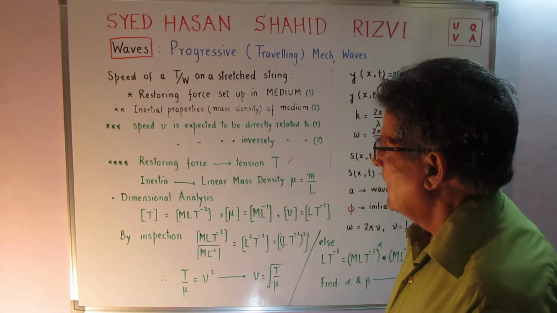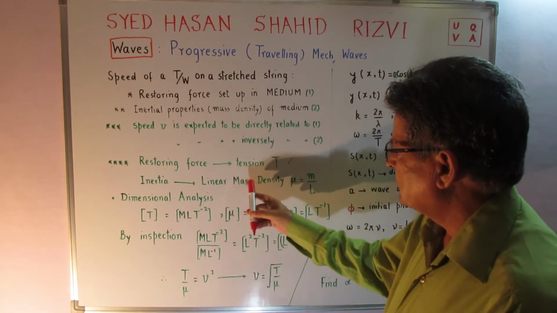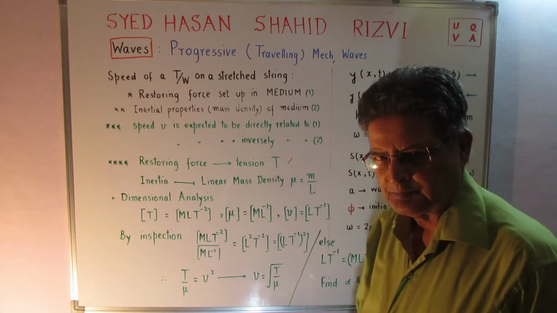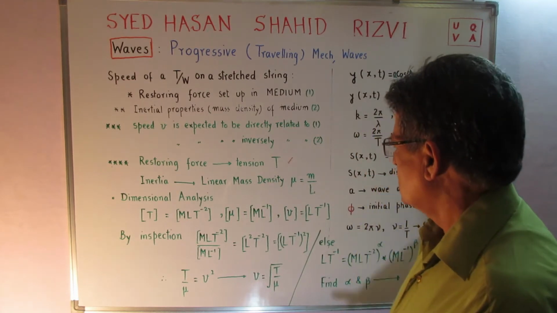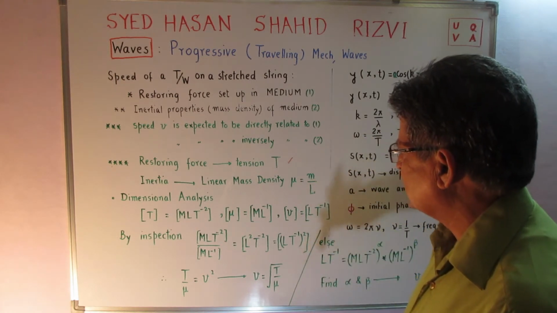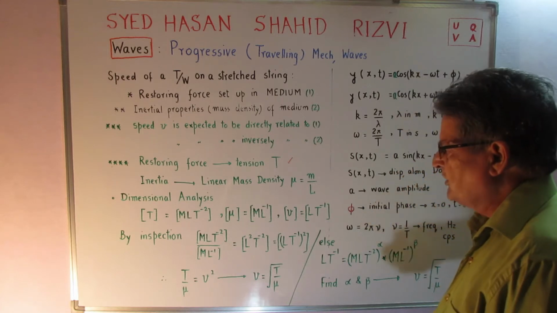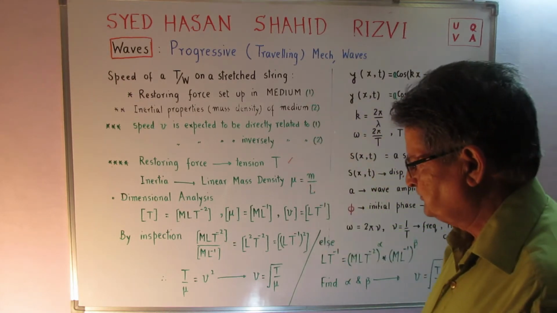Then the inertial part I define in terms of the linear mass density, the mass per unit length of the string, where m is the mass and L is the total length of the string in which the progressive wave is traveling, so m upon L is equal to mu.